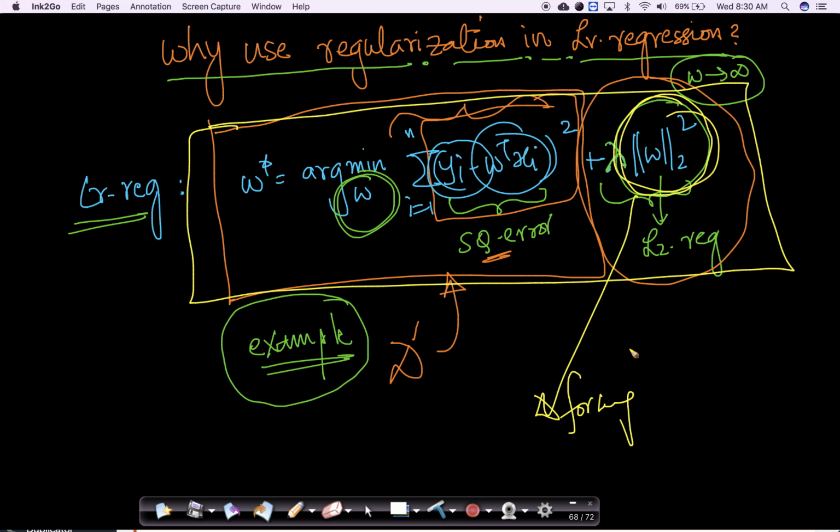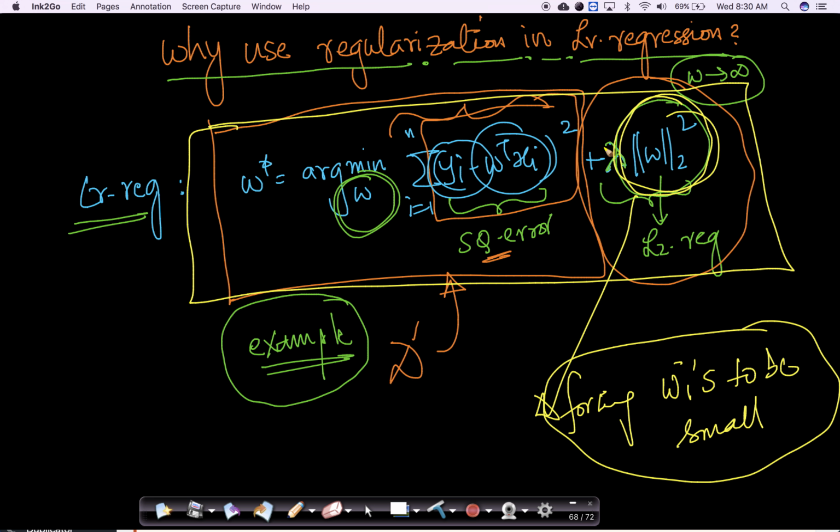The regularizer is forcing your Wi's to be small. Of course, here lambda will control the balance between your error and your regularizer. But we'll determine the optimal lambda using cross-validation.